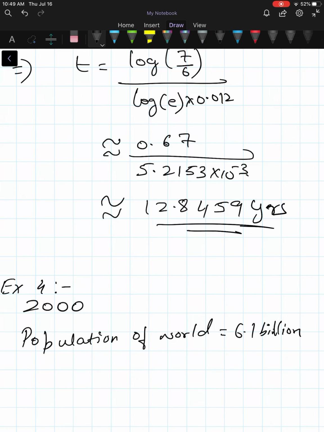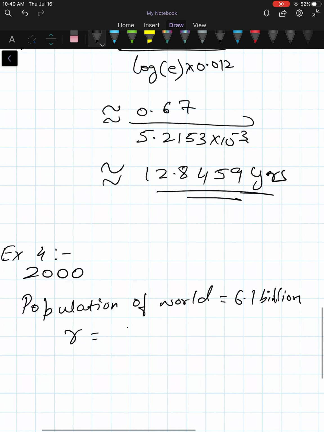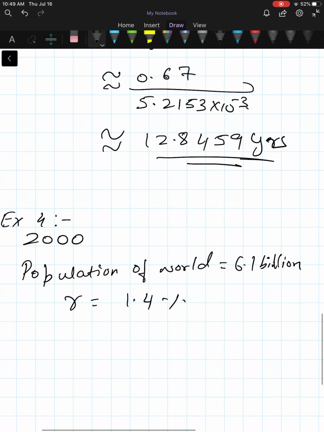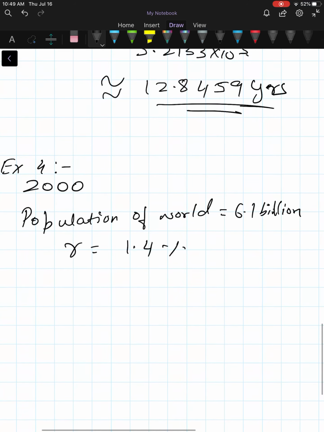And the relative rate of growth, so that is R, is 1.4% per year. It is claimed that a rate of 1% per year would make a significant difference in the total population in just a few decades. So we have to test this claim by estimating the population of the world in the year 2050 using a relative rate of growth.